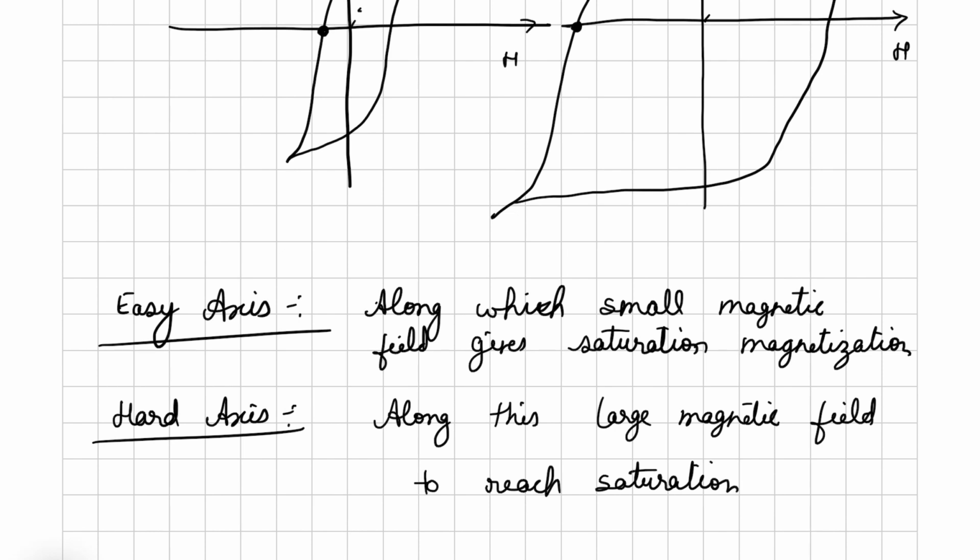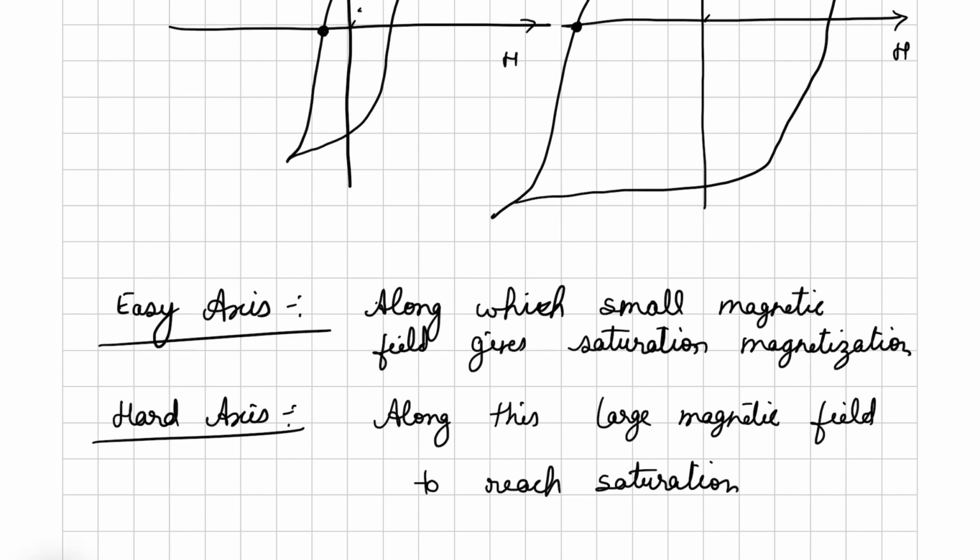This is also a pretty common terminology which people use in magnetic materials, but you just need to know that easy axis means that if you apply a small magnetic field, it's easy to get the saturation magnetization along that particular direction.